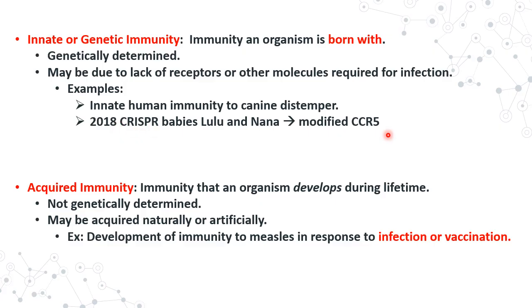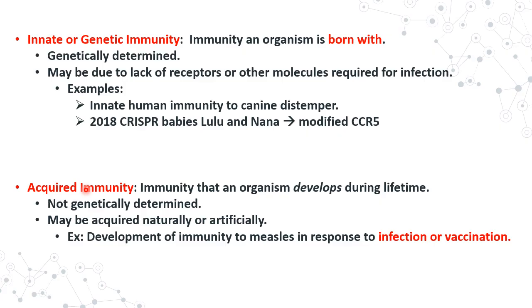CRISPR-Cas9 type of genome manipulation can also give you some form of innate immunity. So this is what you're born with. In comparison to adaptive immunity or acquired immunity, this is the part of your immune system that you have to teach.